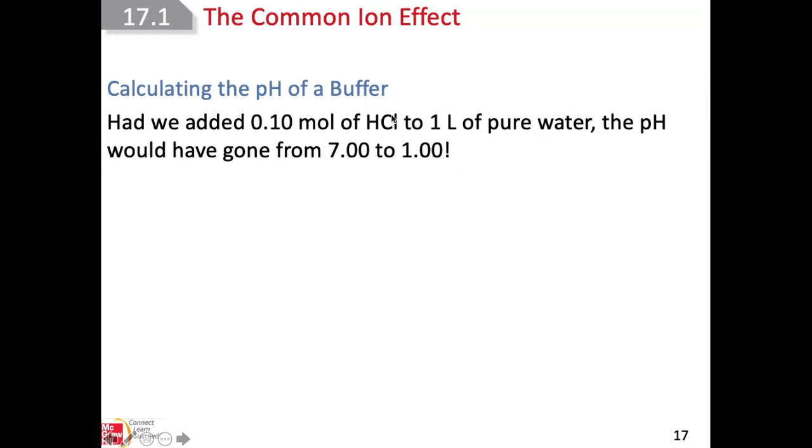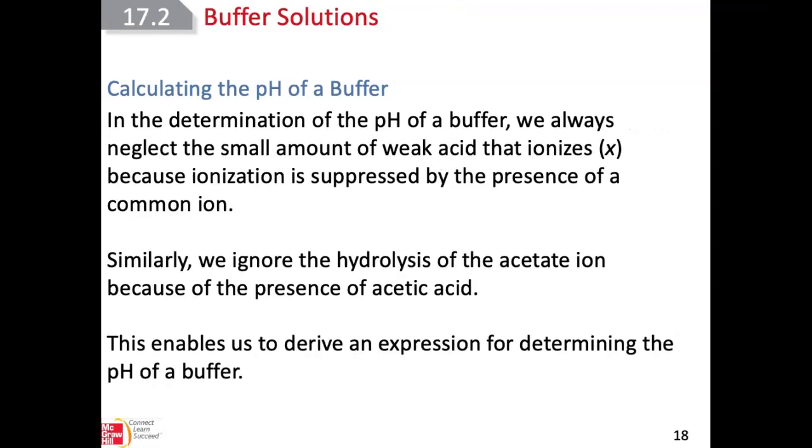Don't forget, HCl is a strong acid. The concentration of HCl equals the concentration of H+. It will be 0.1 divided by 1 liter, and we can calculate that the pH equals 1. So you see that the change is by 6 pH units. But when I add it to the buffer solution, the pH changes very little.